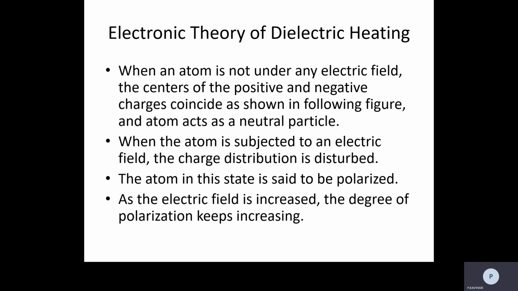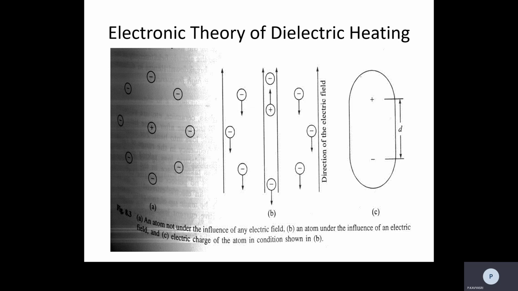Now we will see the electronic theory of dielectric heating. When an atom is not under any electric field, the centers of the positive and negative charges coincide, as shown in the figure, and the atom acts as a neutral particle. Here you can see the first figure.